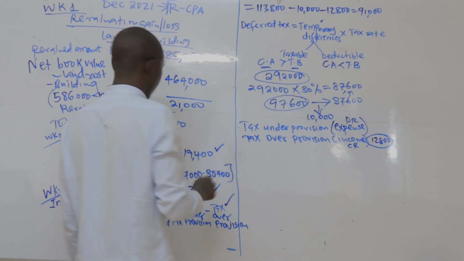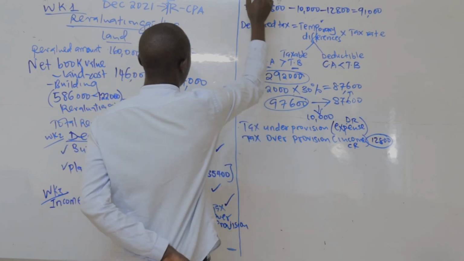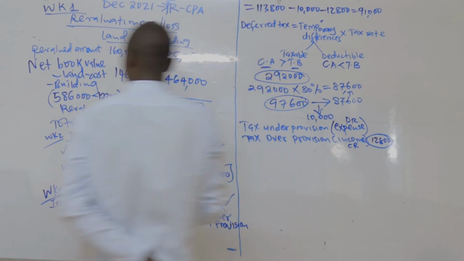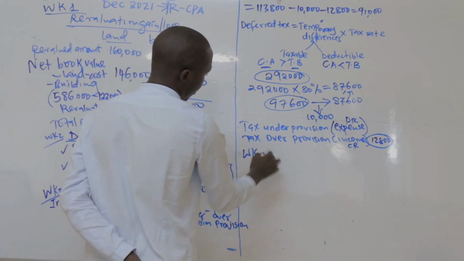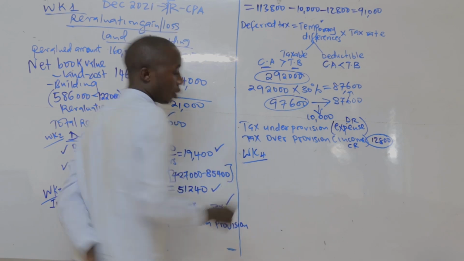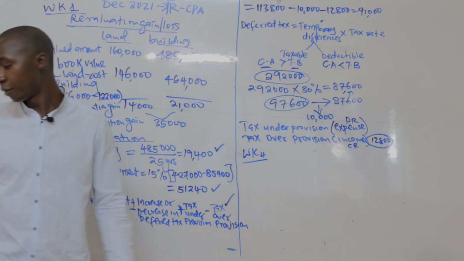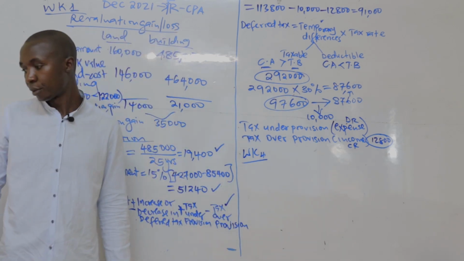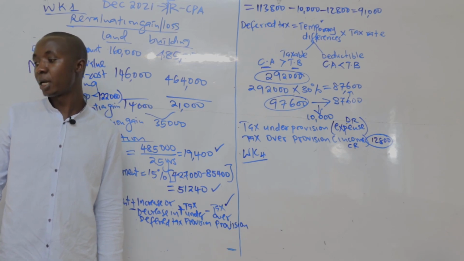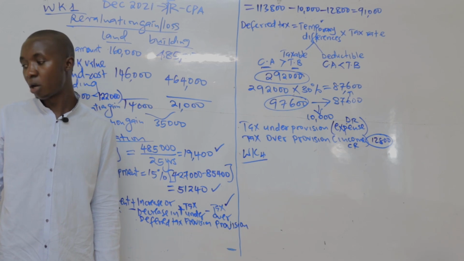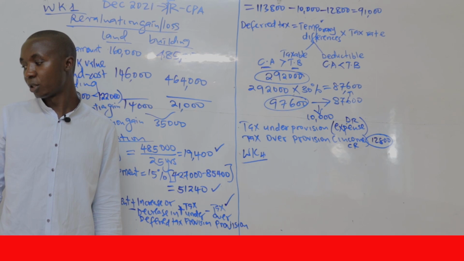Then the last additional information, additional information number 4, so we have working number 4. They said that there was a bonus issue. Bawab Limited made a 1 for 5 bonus issue on 31st March 2021, which has not yet been recorded in the books of the company.